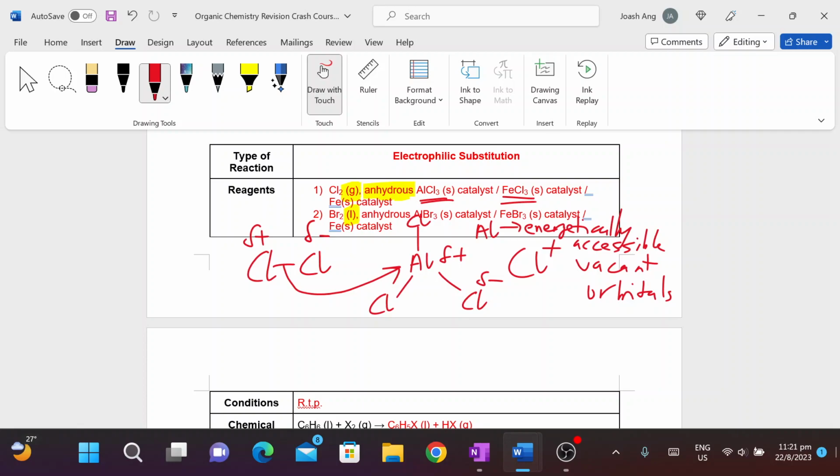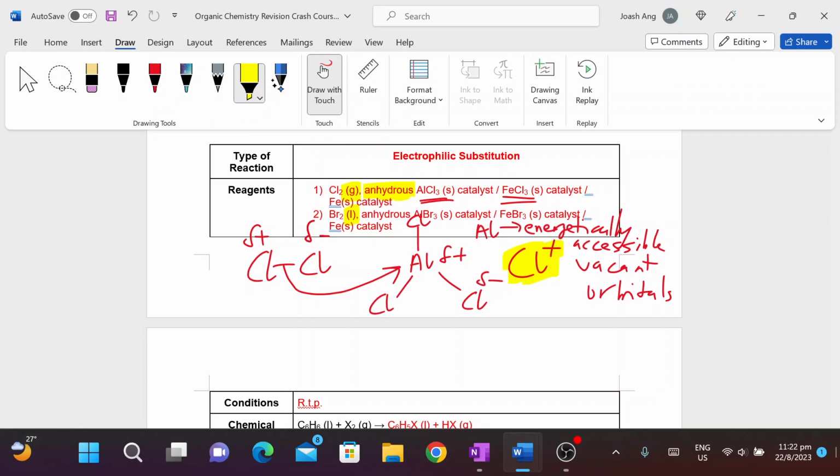bond pair of electrons from chlorine so that it can generate this stronger electrophile that is positively charged, unlike chlorine gas. Okay? You need to generate a stronger electrophile because benzene is not as nucleophilic as your alkene.